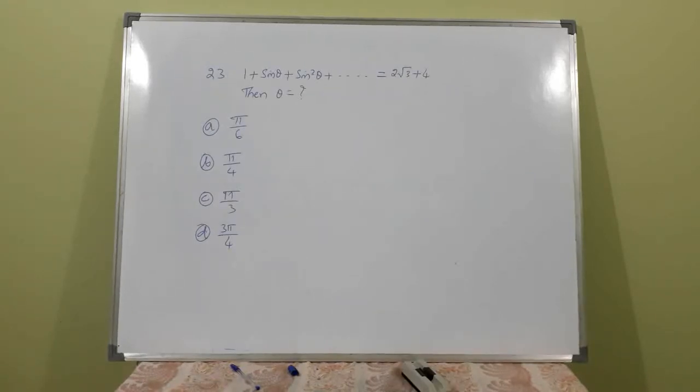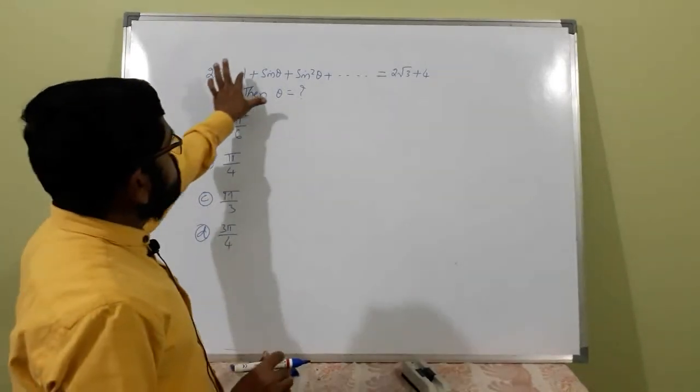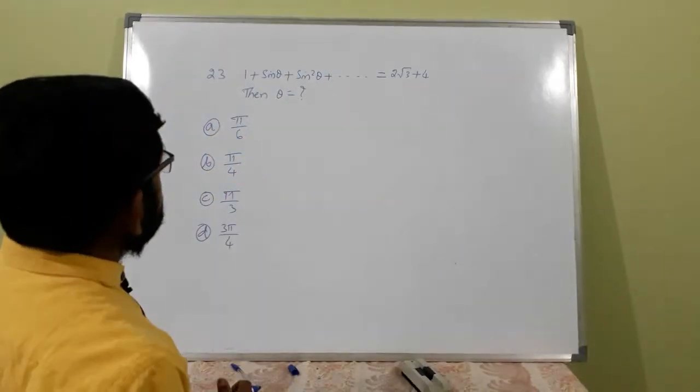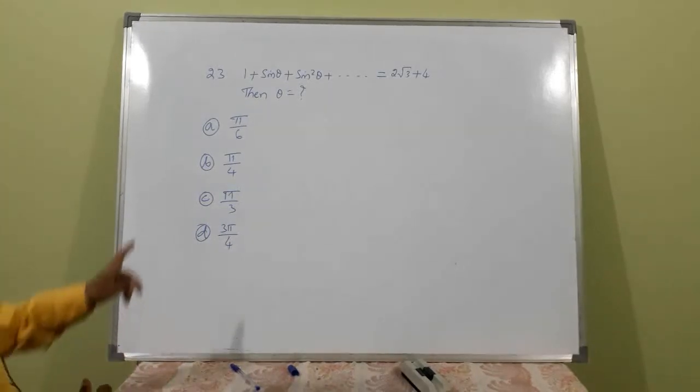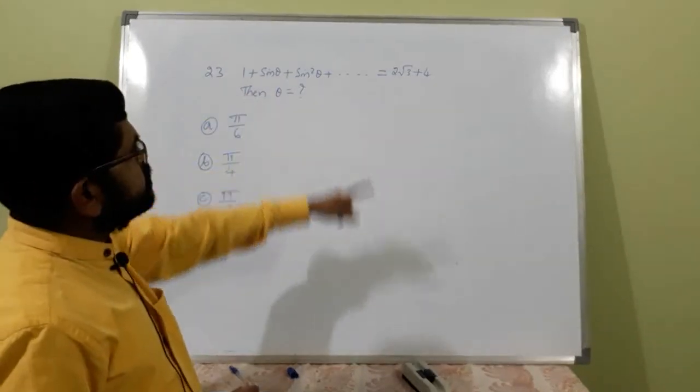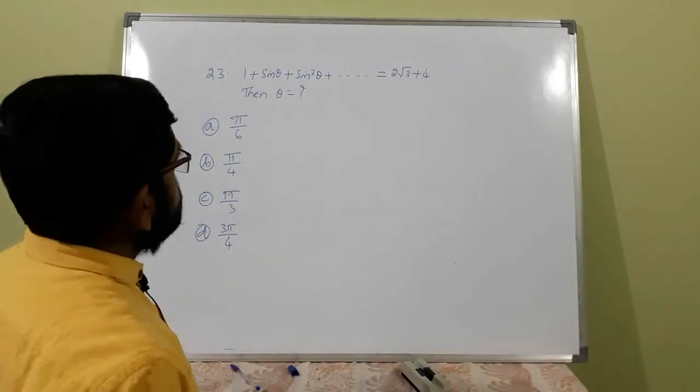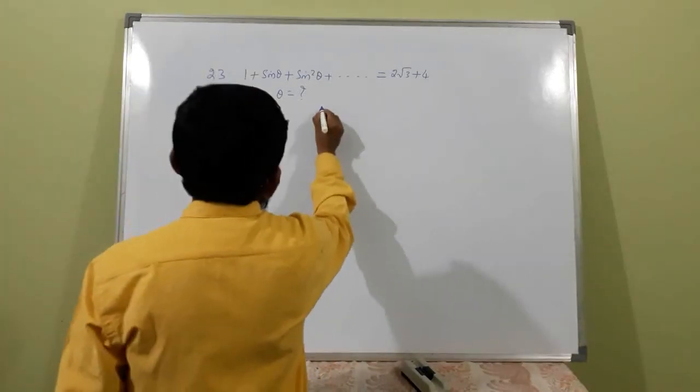1 plus sin theta plus sin squared theta and so on up to infinite number of terms is equal to 2 root 3 plus 4, then theta is equal to how much? See, this is an infinite series of a geometric progression with common ratio sin theta.